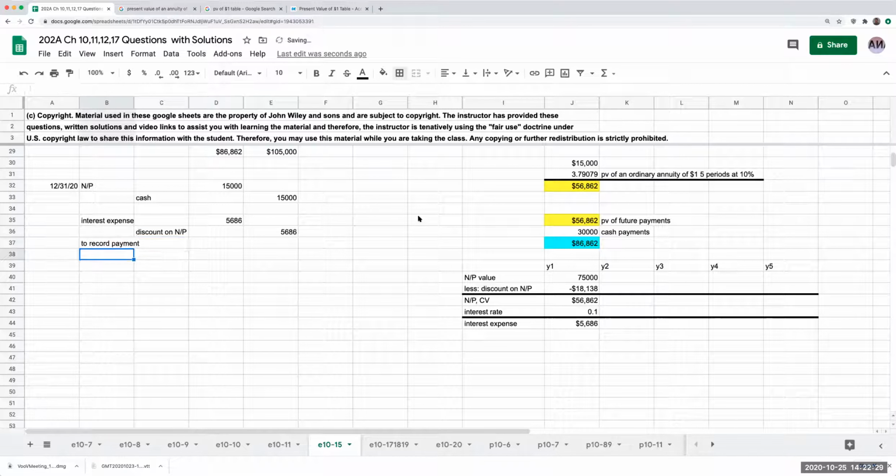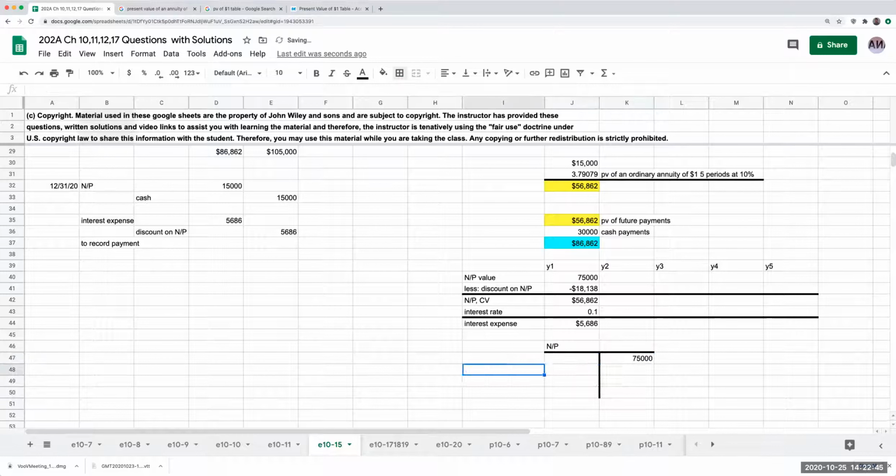Okay, so before we go any further, let's take a look at what's going to happen after we make these payments. Well, if I come over to my notes payable, it had a balance of 75,000.